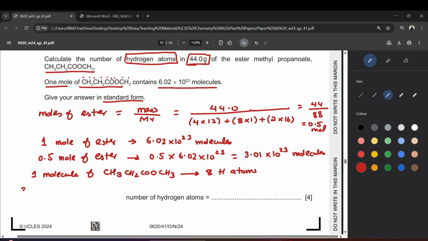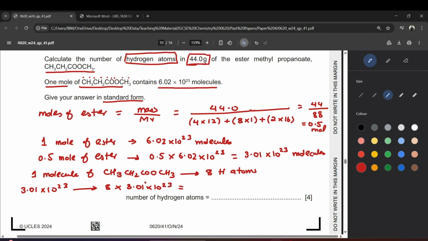So therefore, in 3.01 into 10 to the power 23 molecules, how many atoms will you have? That will be 8 multiplied by 3.01 into 10 to the power 23. Just simple ratio, nothing more. This is not a very complicated question. You just need to understand how things are connected.